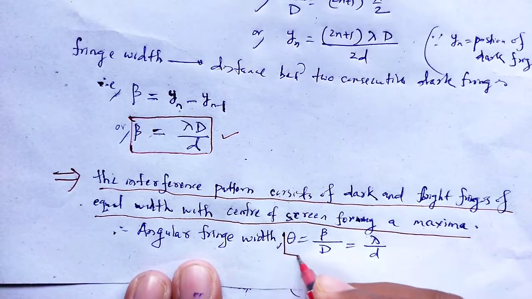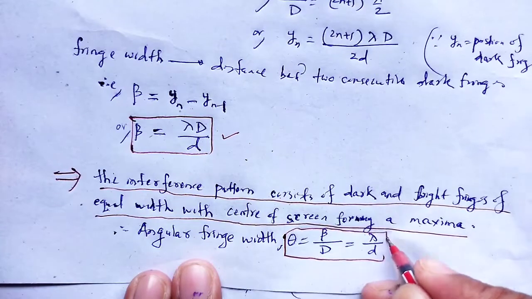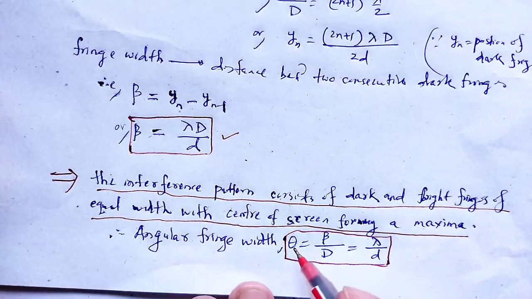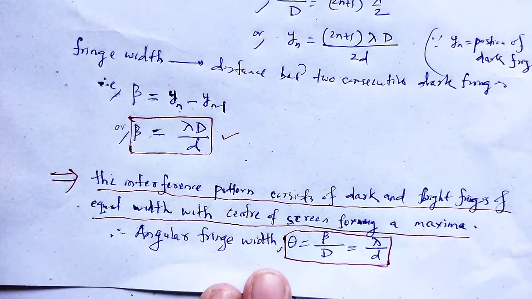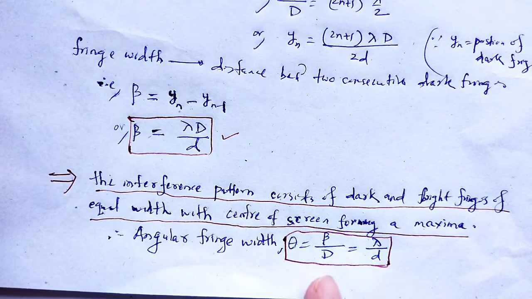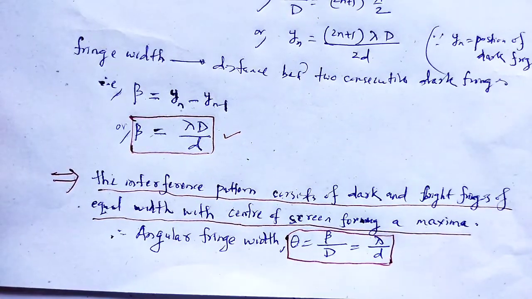Angular fringe width is equal to lambda by d. So the angular fringe width is independent of the distance between the slit and screen. There will be no such term of capital D.